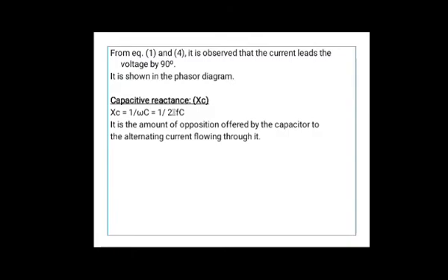Then based on this, let us define one important word, that is capacitive reactance. Capacitive reactance is represented by the letter Xc. So Xc is equal to 1 divided by omega C, or since omega is equal to 2 pi f, you can write it as 1 divided by 2 pi f C. It is the amount of opposition offered by the capacitor to the alternating current flowing through it.